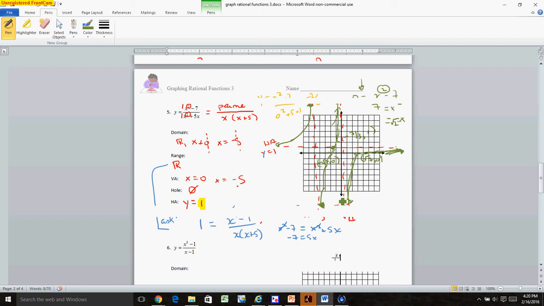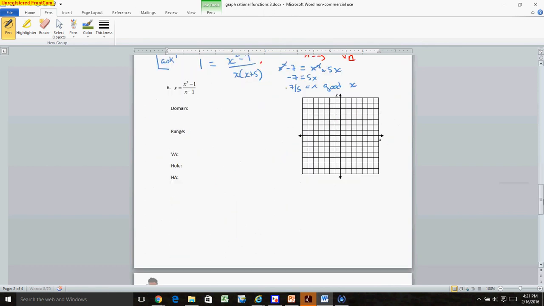Alright, so what about the next one? What's crazy about number 6? Well, firstly, you've got a cubic, which I taught you how to factor at the beginning of this unit.